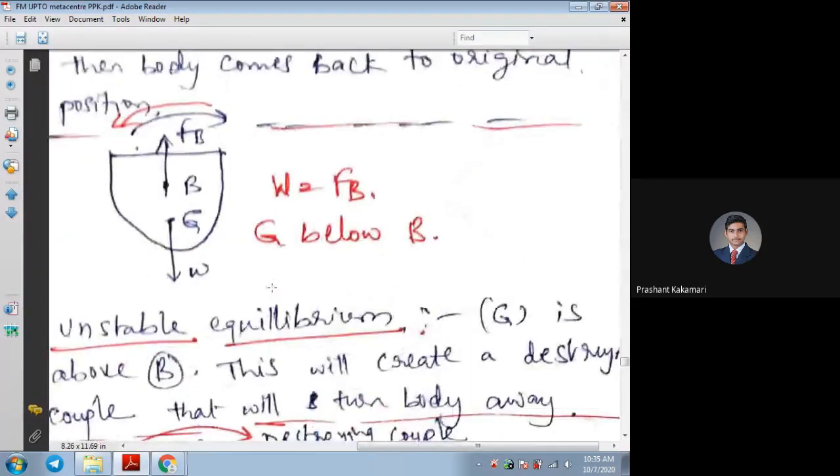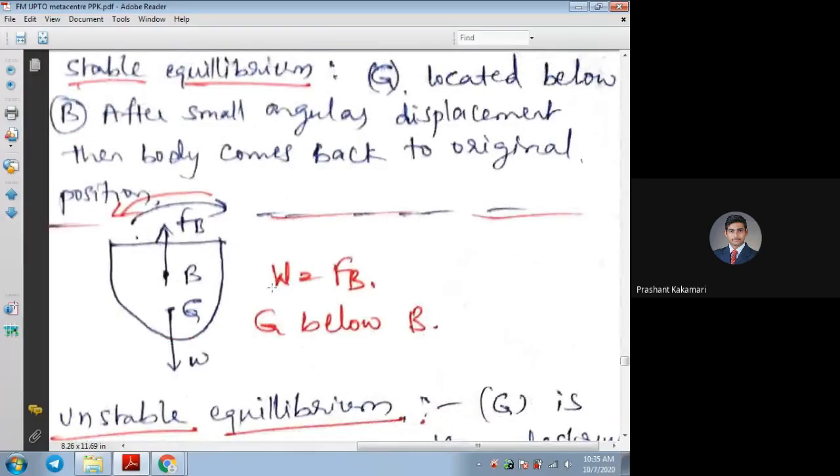So we discussed stability of the bodies with respect to buoyancy point and the center of gravity. Later we will again discuss these positions of buoyancy point, center of gravity of the body, and metacenter also. But the first thing to understand is that the center of gravity should always be below the center of buoyancy point.